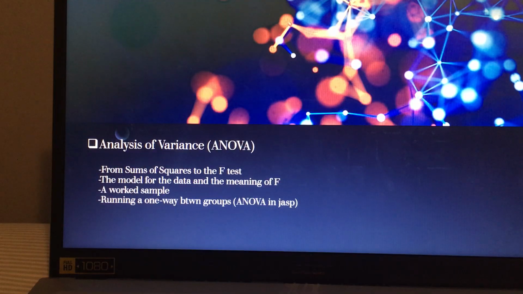And at a very general level, the intuition behind this F statistic is pretty straightforward. The bigger values of F mean that the between group variation is large relative to within groups variation. As a consequence, the larger the value of F, the more evidence we have against the null hypothesis.